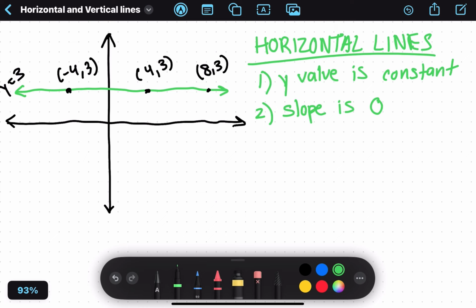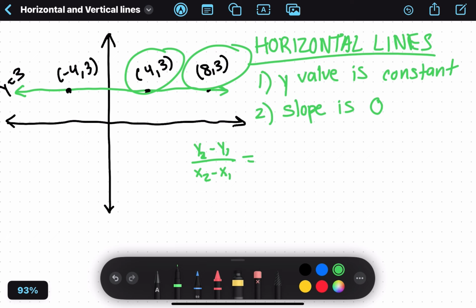Let's take these 2 points and once again find the slope. y2 minus y1 over x2 minus x1. So in order to get the slope to be 0, we need a numerator of 0, meaning y2 minus y1 has to equal 0.